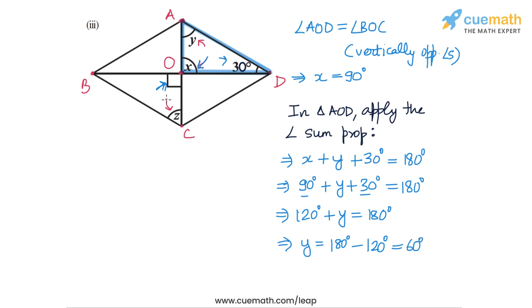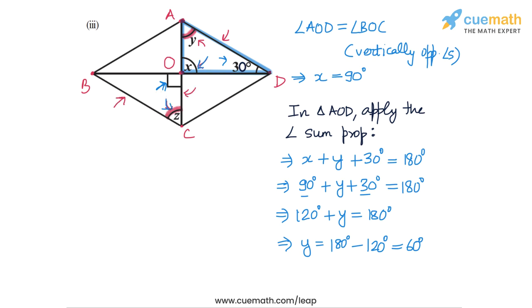Now how can we calculate the value of the angle Z? So we note that the angle Y, which is this angle here OAD, and the angle Z, which is this angle here OCB, these angles form a pair of alternate interior angles for the parallels AD and BC and the transversal AC.